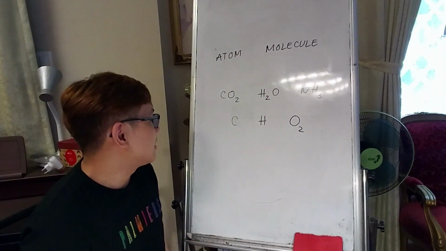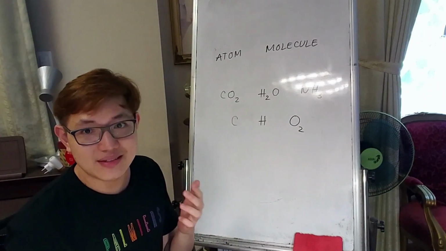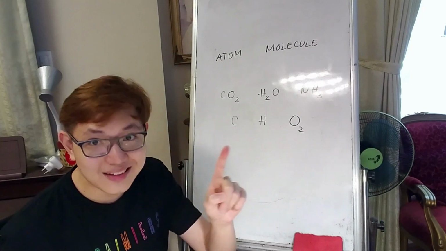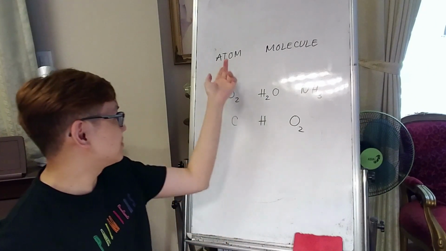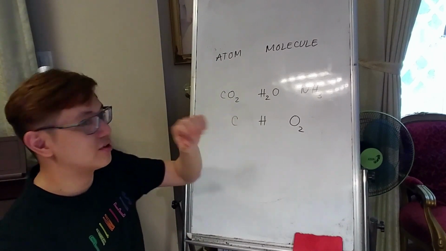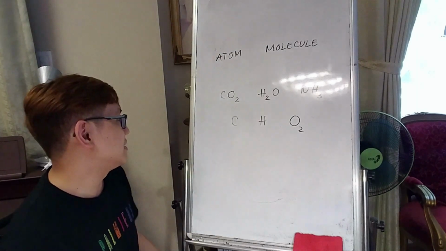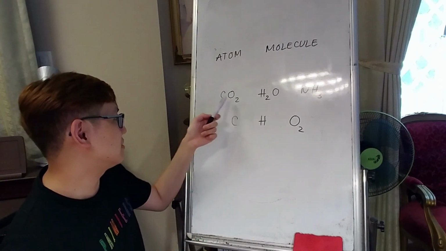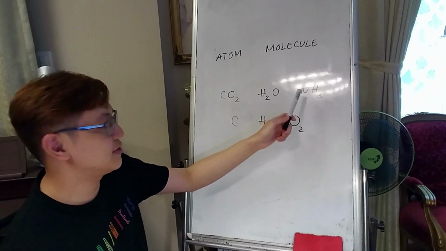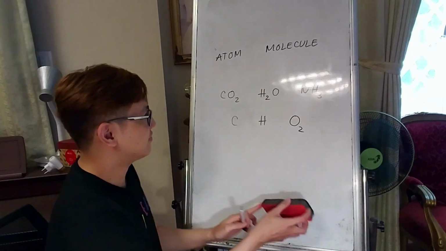So atoms are basically just a single element. The thing that is made out of only one element, that is an atom. Okay. So molecules should be made out of at least two different elements. In this case, carbon and oxygen. In this case, hydrogen and oxygen. And in this case, nitrogen and hydrogen. Okay. So that's the main difference.